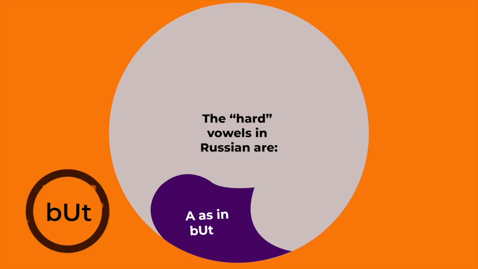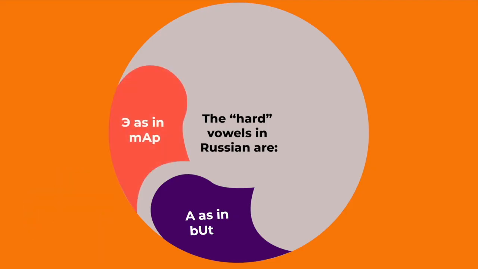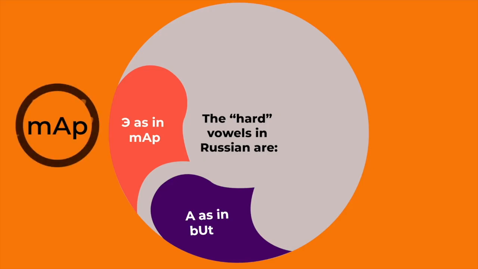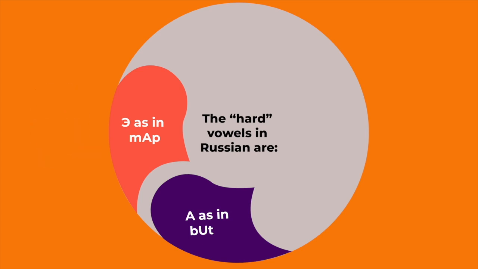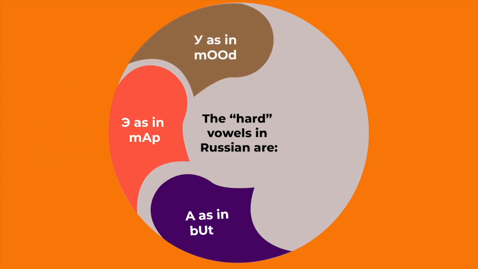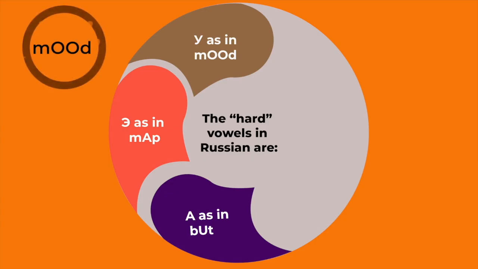Likewise, we have the letter А, and the English word we have is 'map'. The sound of A in 'map' resembles the sound of the Russian А. Similarly, we have the letter У, and here we have used the English word 'mood'. If you look at the structure, we have used two O's.